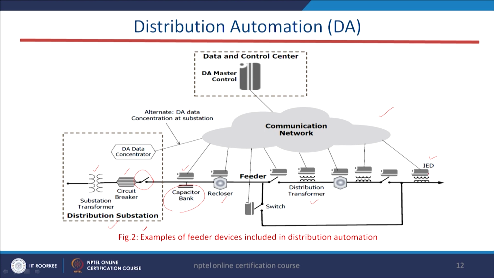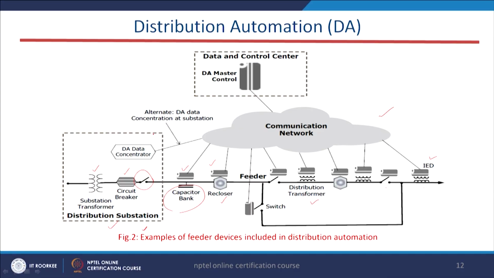This IED is present near the distribution transformer or near the switch or near the recloser or near the capacitor bank. It will collect the data from those devices. So, these are the devices which are present inside a distribution system. This whole system is our distribution system and this is your distribution substation, from where we will get the power to the subsequent sections. This is our feeder, this is one feeder.